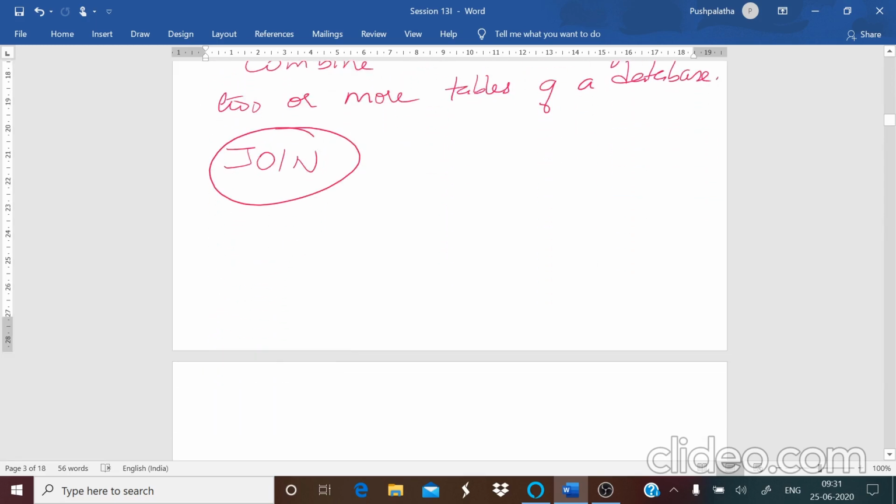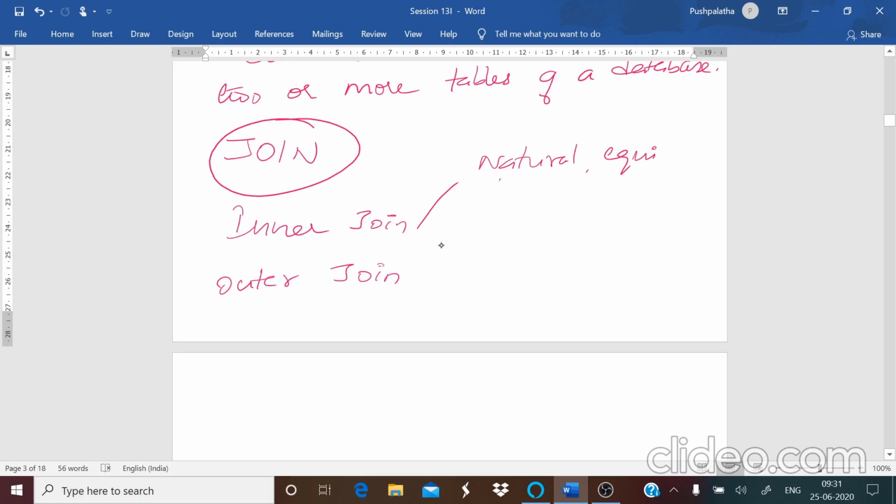There are two different types of join clauses. Mainly there are two types, that is your inner join and outer join. And in this again you have different types, that is natural join or equi-join, theta join and Cartesian join. This works on matched records.